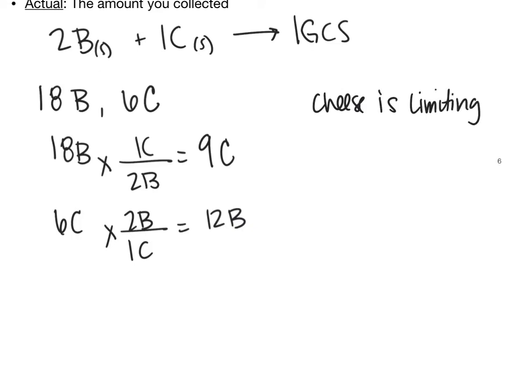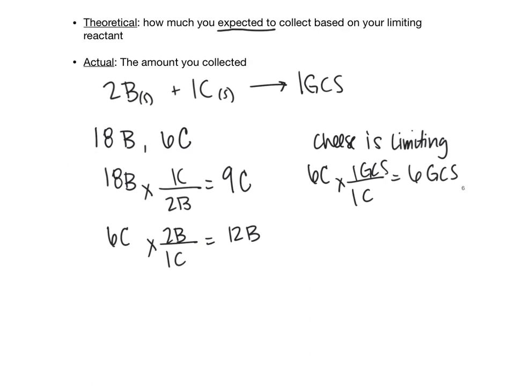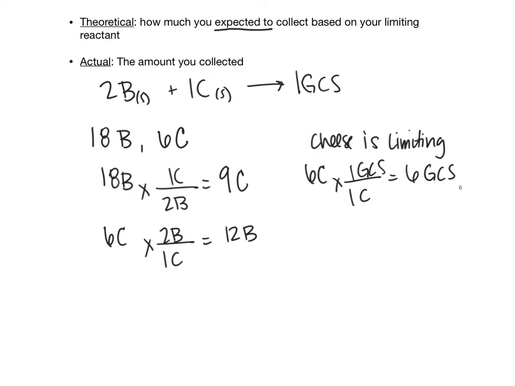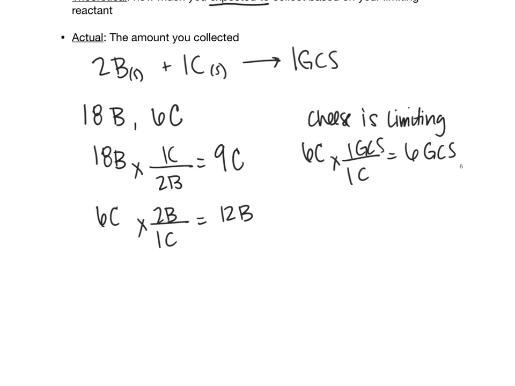And so if we were to use our limiting reactant of 6 slices of cheese, 1 cheese to 1 grilled cheese sandwich, we could make up to 6 grilled cheese sandwiches. Now, I'm at my house by myself. I'm only going to eat 1 grilled cheese sandwich. So this is the theoretical.